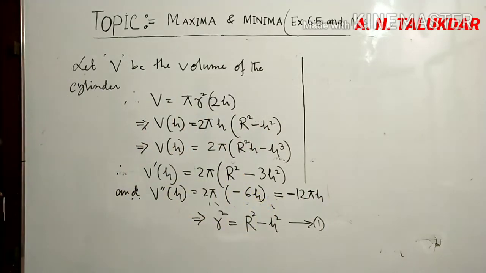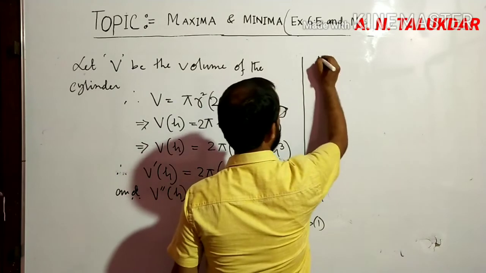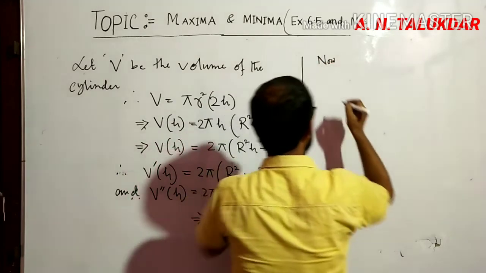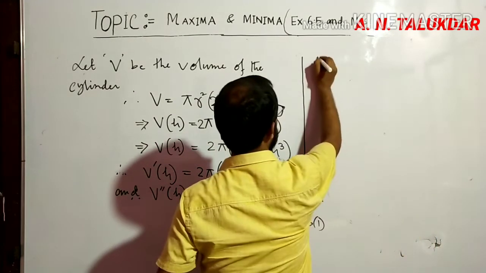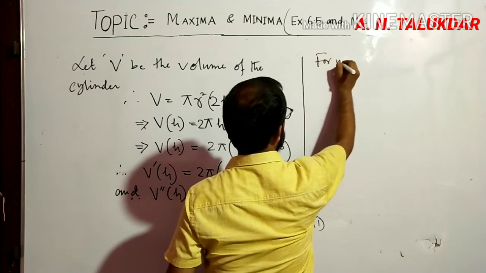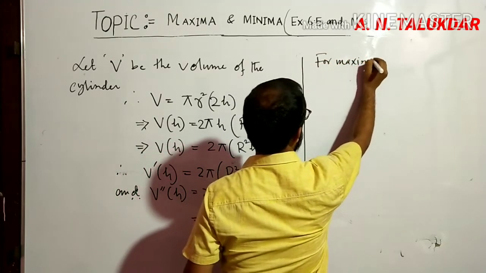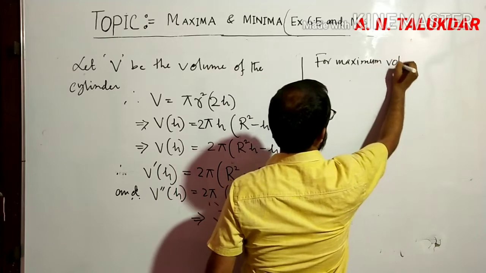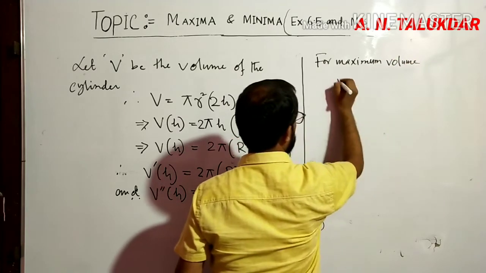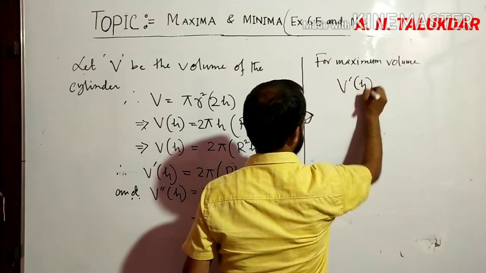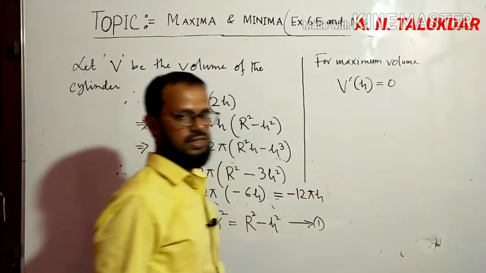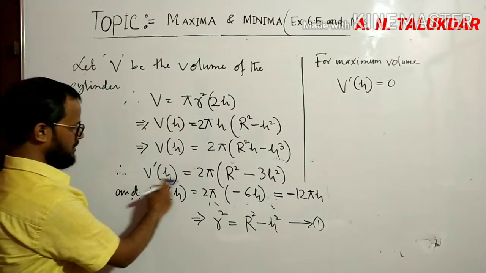Okay, now for critical points, or you can write for maximum volume. For maximum, the first order derivative should be 0. V dash of h is equal to 0. What is this V dash of h?